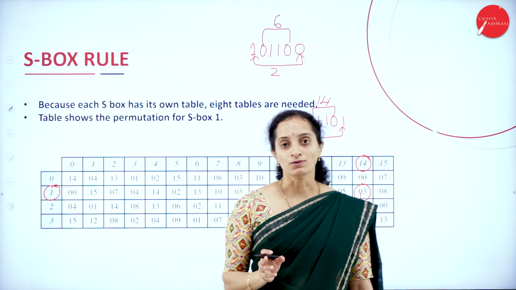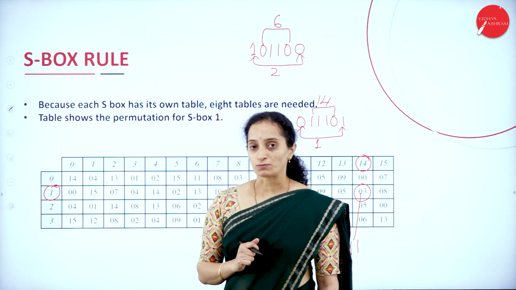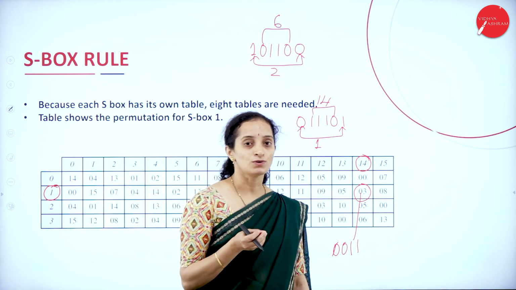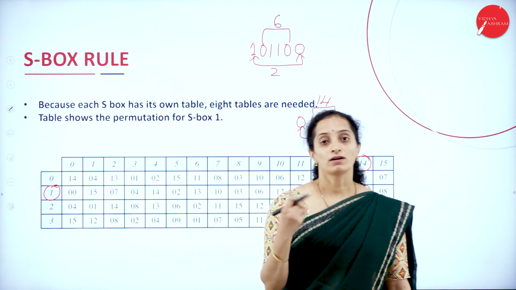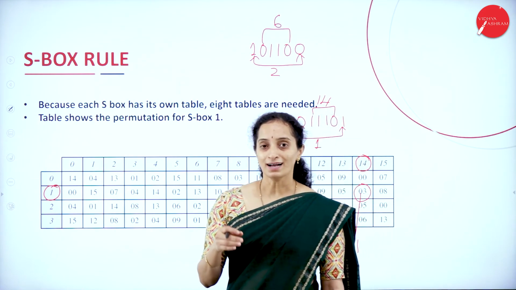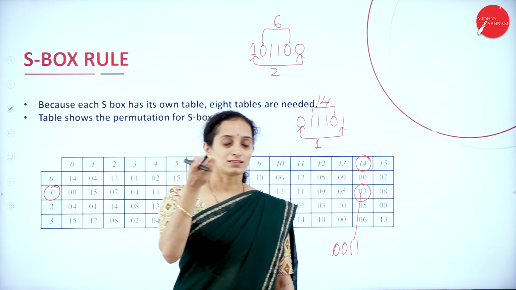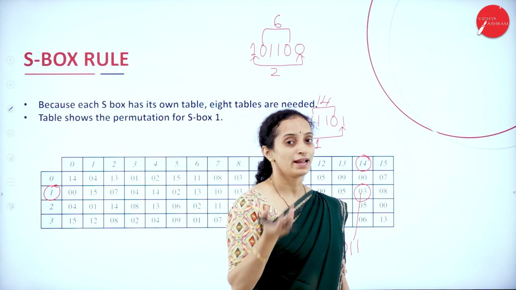So this is how the permutation in the DES function is going to expand or compress the bits, from 4 to 6, 6 to 4, or 32 to 48, 48 to 32.